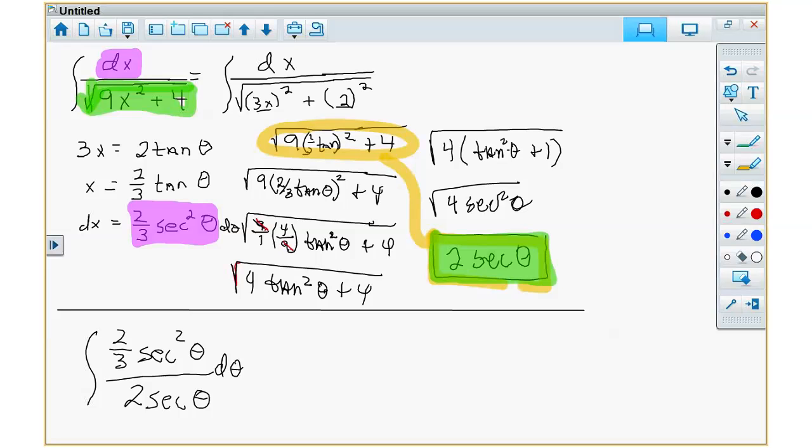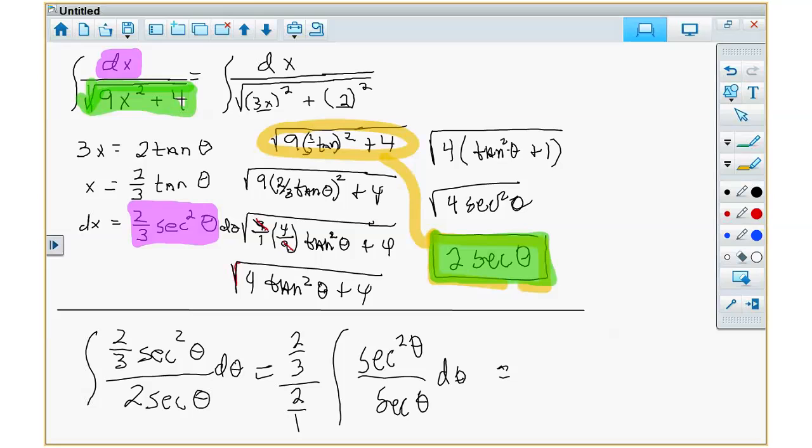Okay, now, right quick, you see that the 2/3 can come out, and technically the 2/1 can come out, right? You can pull all that out. So that's going to give you 2/3 over 2/1 antiderivative of secant squared theta over secant theta d theta, which is equal to 2/3 divided by 2/1, which is the same as 1/2.